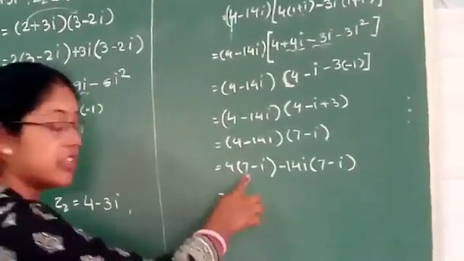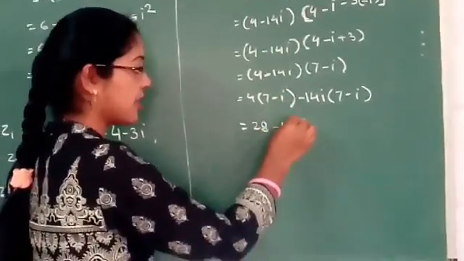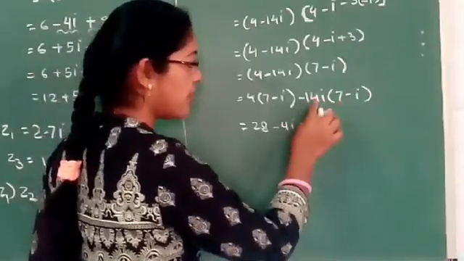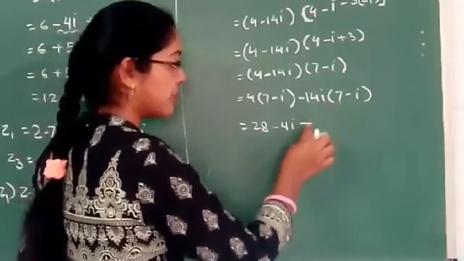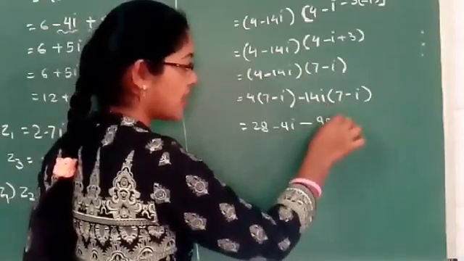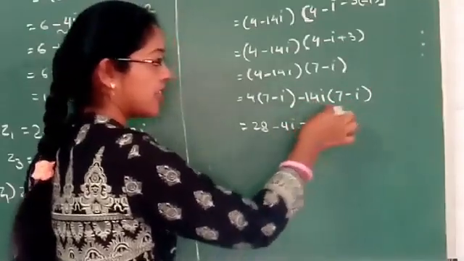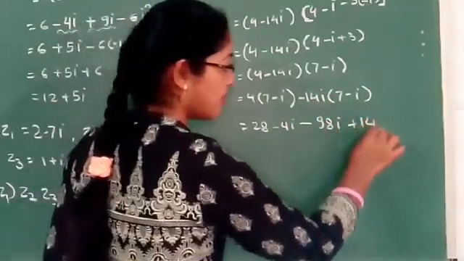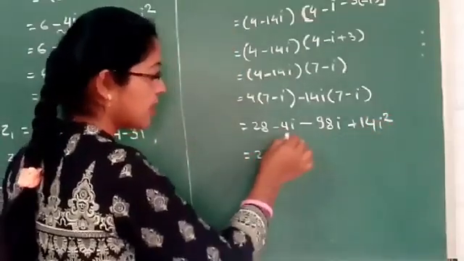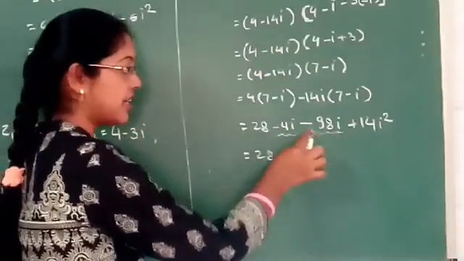So 4 into 7 is 28, 4 into minus i is minus 4i, minus 14i into 7 is minus 98i, and minus 14i into minus i is plus 14i square.